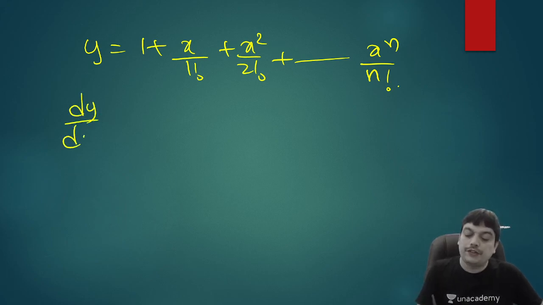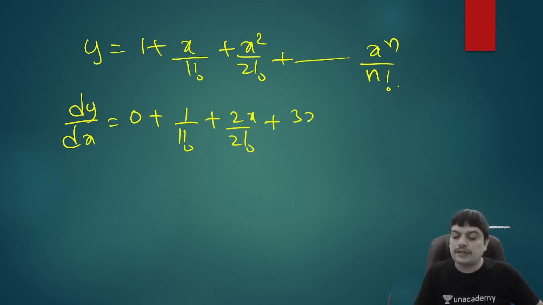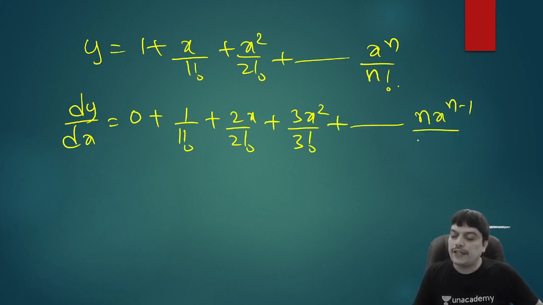So dy by dx: the differentiation of 1 is 0. x will have a differentiation 1 by factorial 1. x square will have a differentiation 2x, so 2x by factorial 2. The next term will be x cube, whose derivative will be 3x square divided by factorial 3. Proceeding like this, the derivative of the last term is nx power n minus 1 by factorial of n.